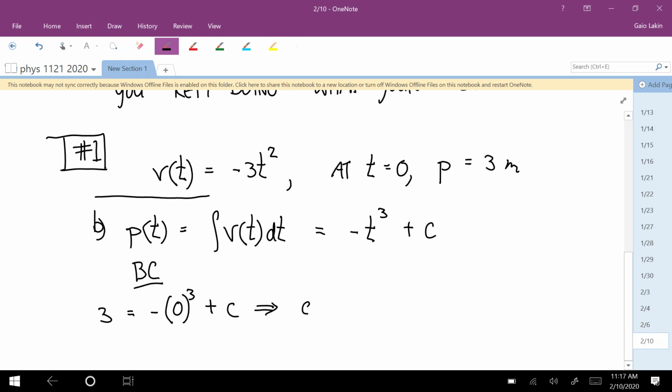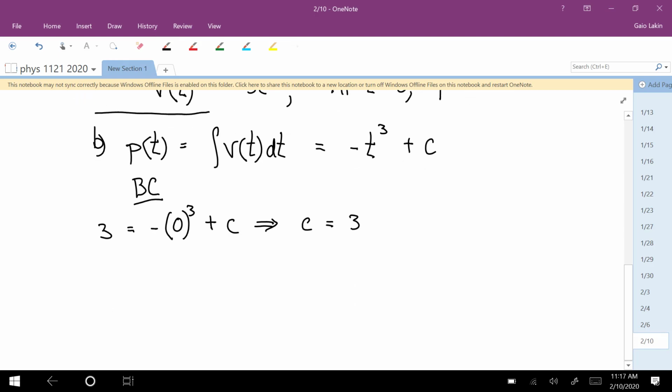And so that tells you that c is equal to 3. Okay. Then position as a function of time, the final answer is negative t cubed plus 3.